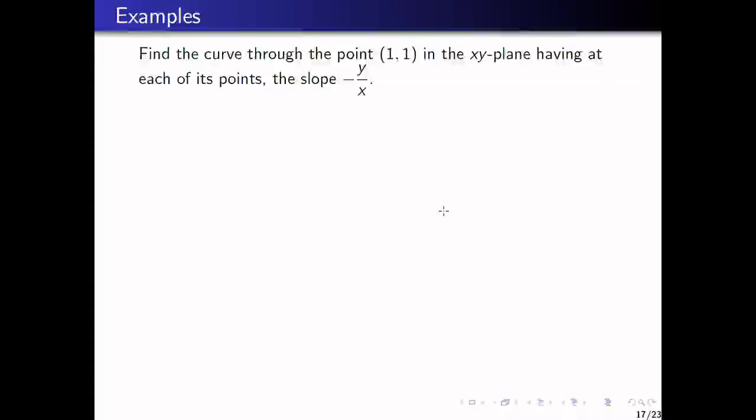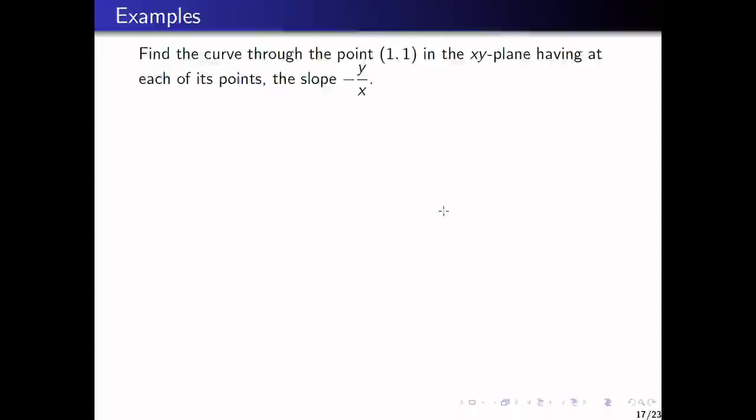We see the next differential equation. The question is: find the curve through the point (1, 1) in the xy plane, having at each of its points the slope -y/x. The curve should pass through (1, 1).